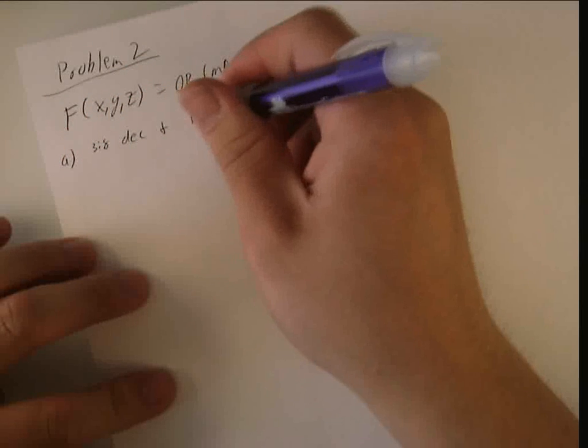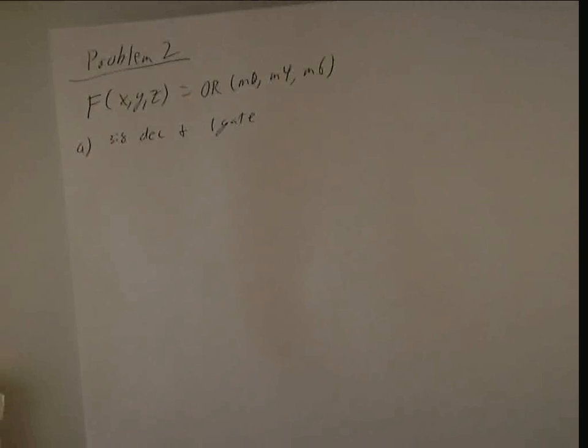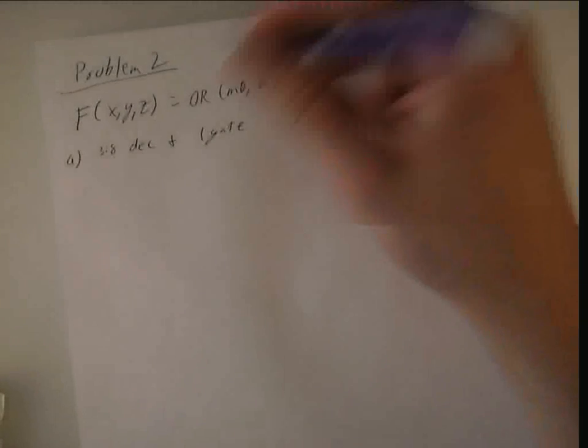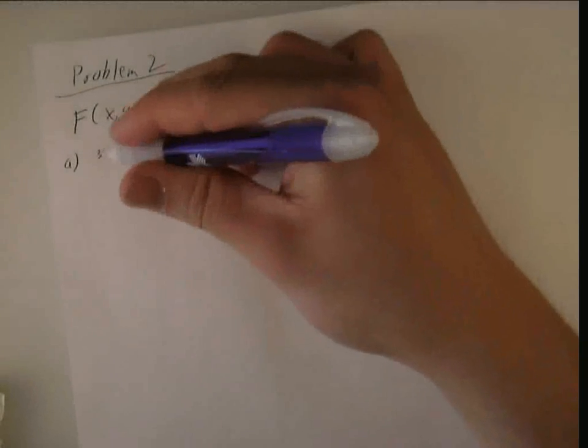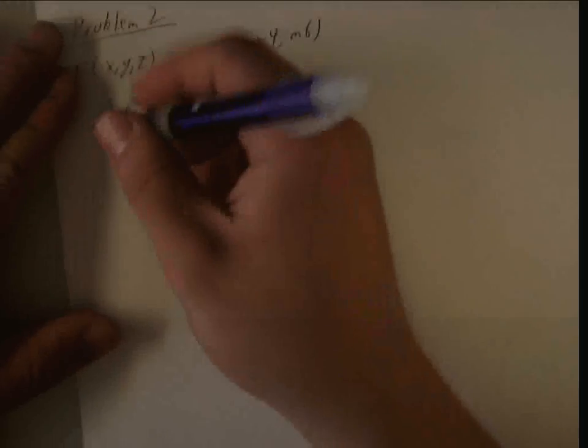and one gate. So this one I immediately just think, well, I've got 3 input variables, so that's going to be my inputs to my decoder, and the one gate's just going to be my OR, because I'm just going to be ORing all of my minterms together.